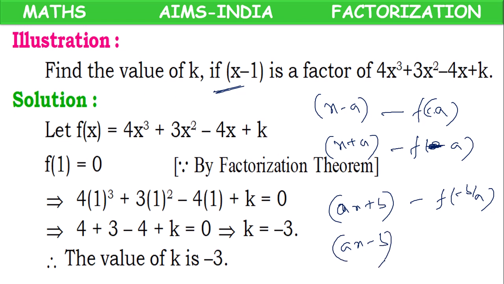If it is in the form of ax minus b, f of b by a will be the remainder. So according to the factors, you have to take the remainders. Here it is x minus 1, that's why we have taken f of 1. If they had given x plus 1, we would have taken f of minus 1.